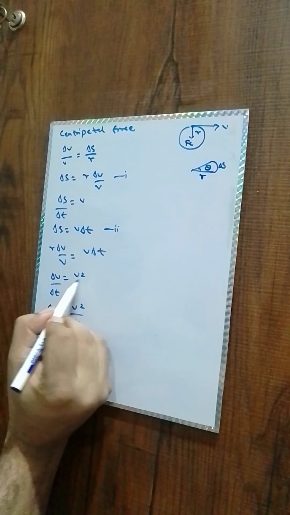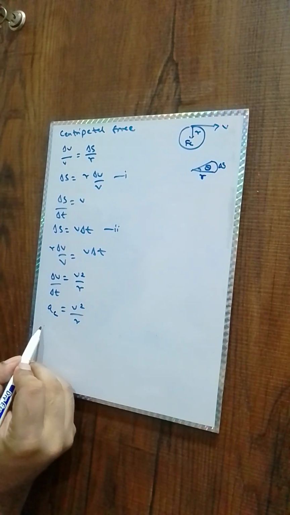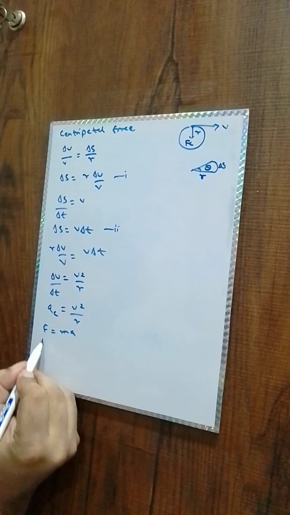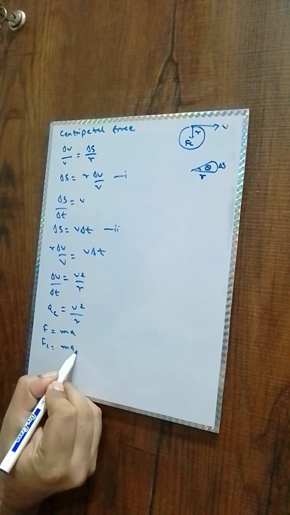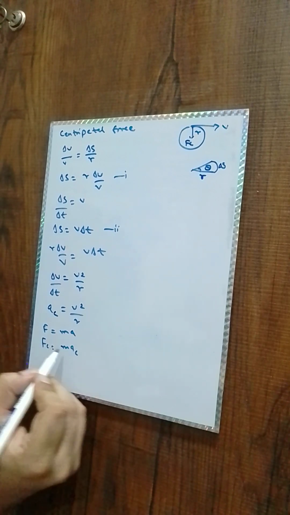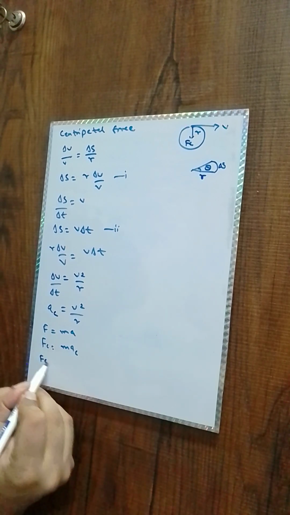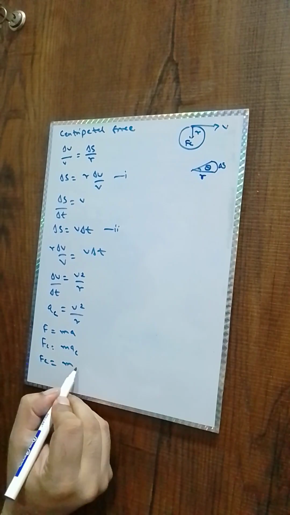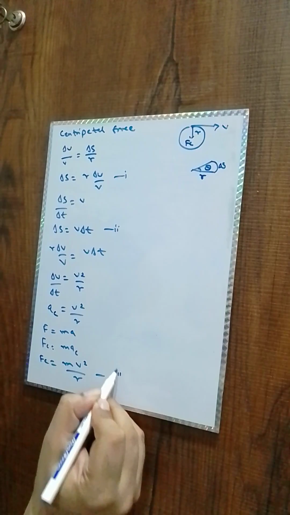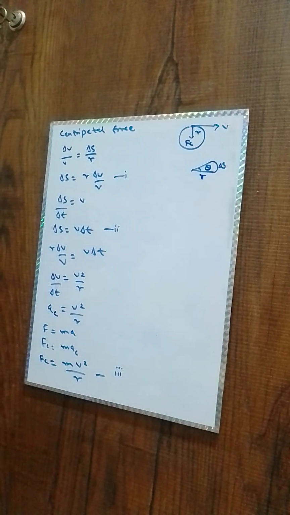Now as we know that F is equal to ma, so Fc is equal to m a c, the centripetal force is equal to m into centripetal acceleration, which suggests that Fc is equal to m v square by r. So this is the form we are looking for, the centripetal force.